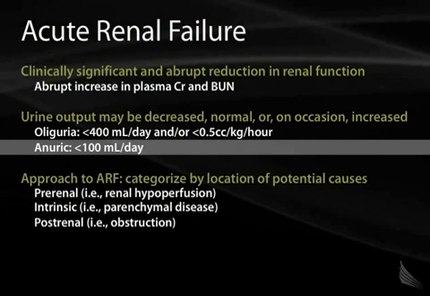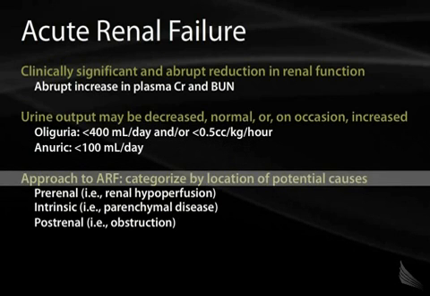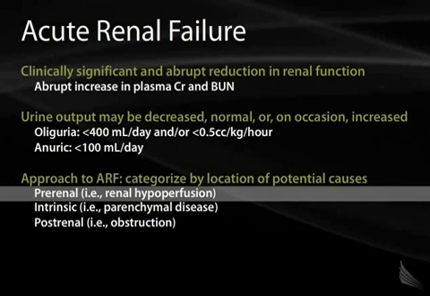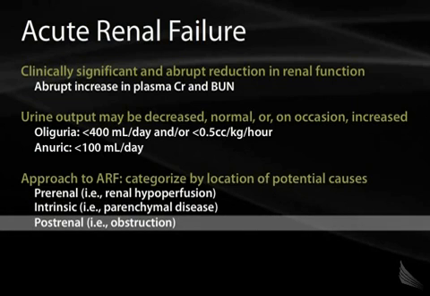In terms of determining an etiology for acute renal failure, we approach this by categorizing the potential cause by location: pre-renal, post-renal, or intrinsic renal failure. Pre-renal suggests a derangement in the renal blood flow, leading to renal hypoperfusion and decreased renal function from decreased GFR.